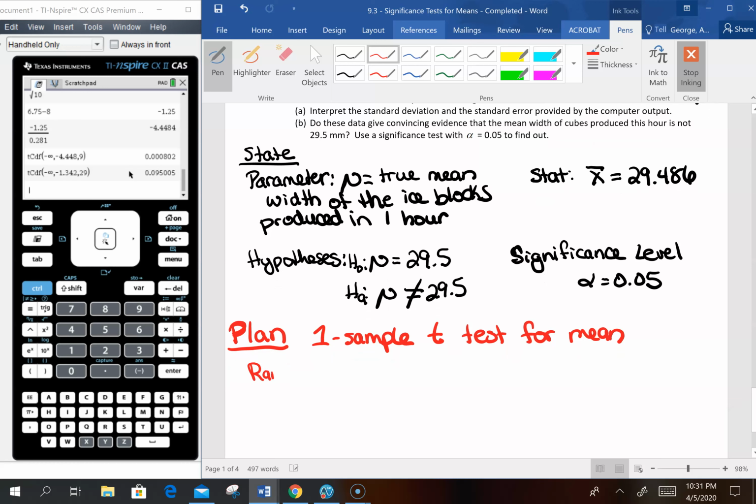All right, so first we're going to check random. And they tell us in there they pulled a random sample of 50 cubes. So we're good there. For 10%, 50 should be less than 10% of the cubes produced in an hour.